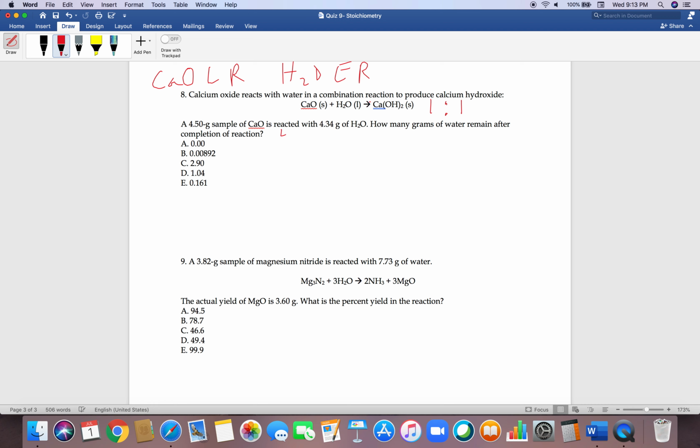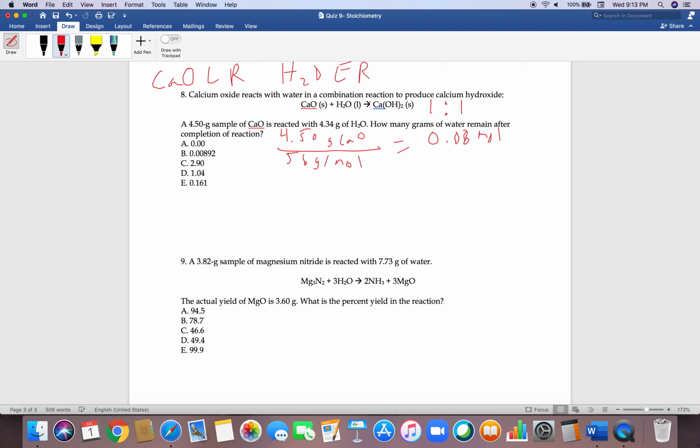So I have 4.5 grams of calcium oxide. So I'm going to divide the grams by the molar mass of calcium oxide to find the moles of calcium oxide. The molar mass of calcium oxide is 56. So that gives me 0.08 moles. That's an 8 there.